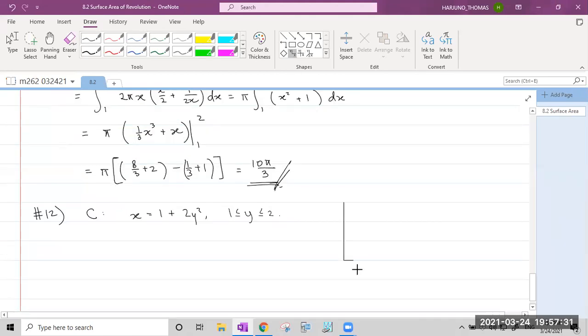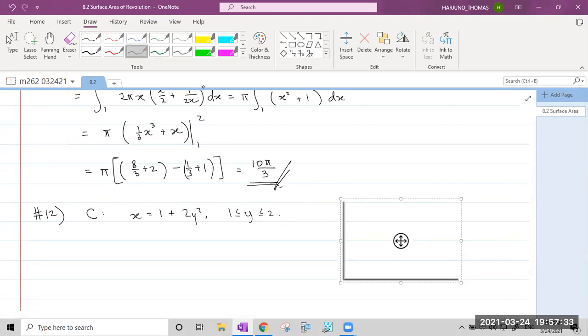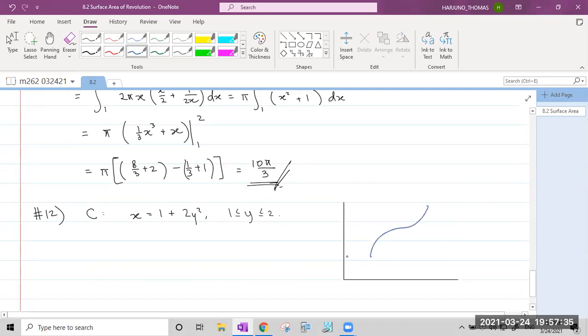So we have this curve here, but it's on y. This is 1 to 2, right? And the function is x equals f of y, so x as a function of y.